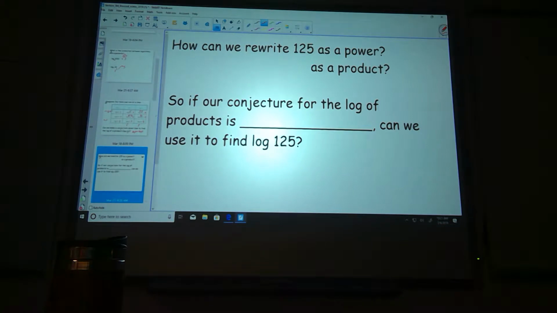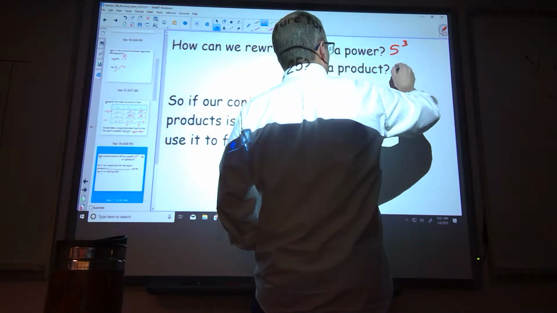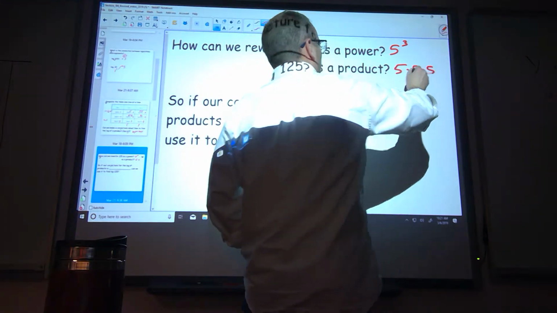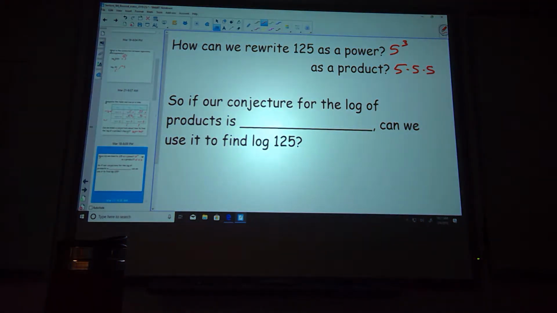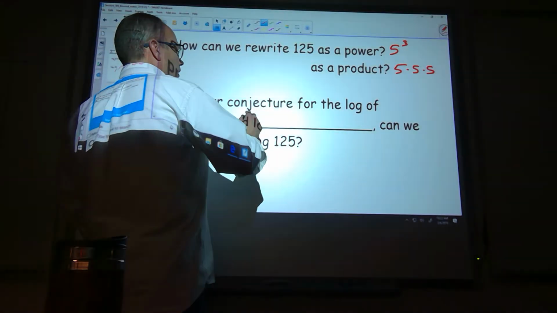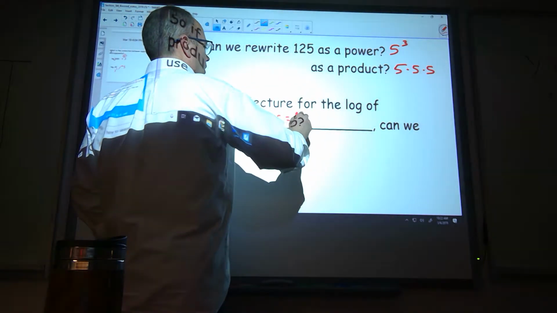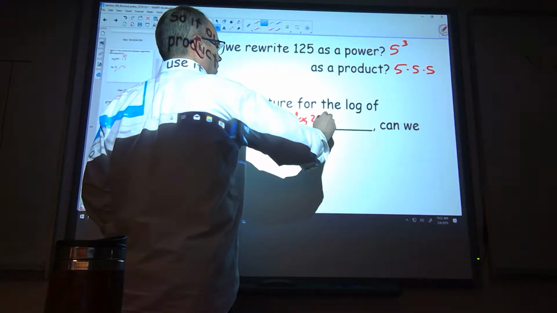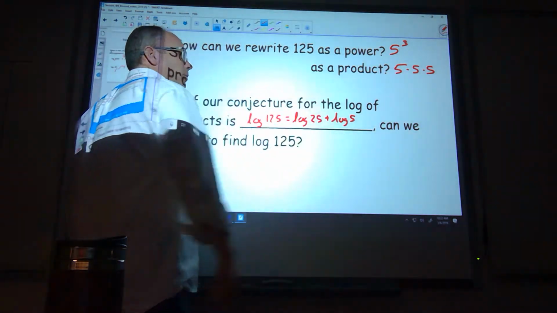All right. How can we rewrite 125 as a power? That's 5 to the third. We can make it as a product, 5 times 5 times 5, or 25 times 5. So our conjecture of log products is, I guess we could say this: log of 125 is equal to log 25 plus log 5, or we can make it log 5, log 5, log 5 all being added.